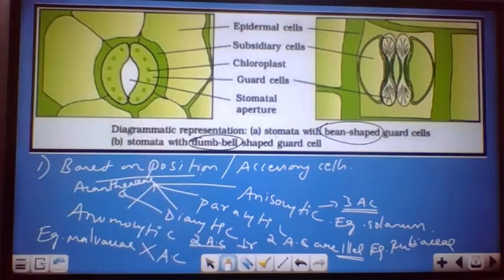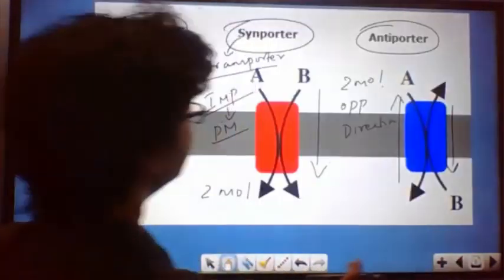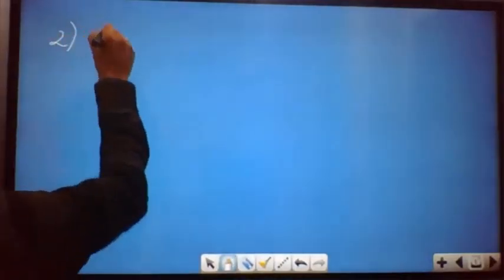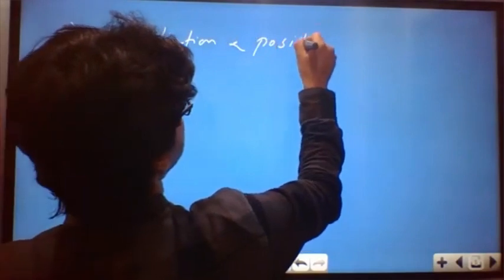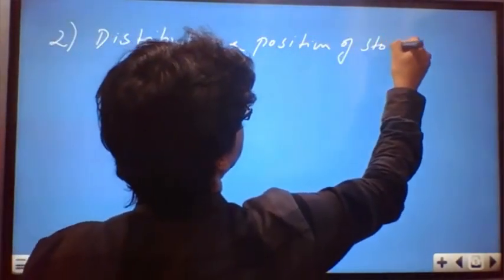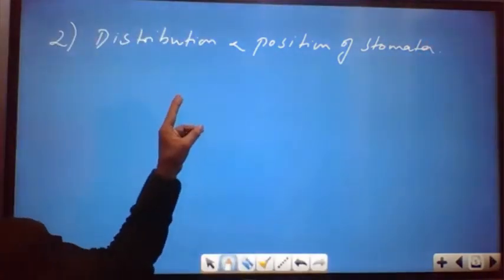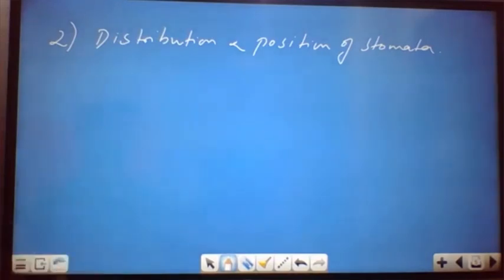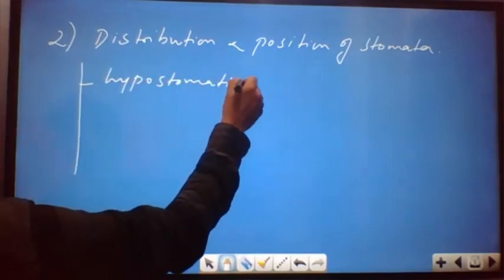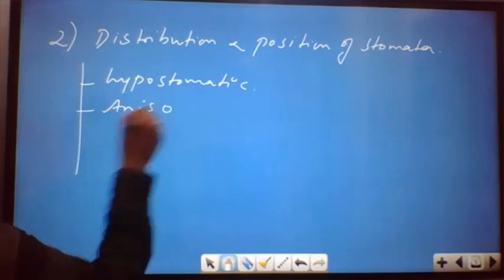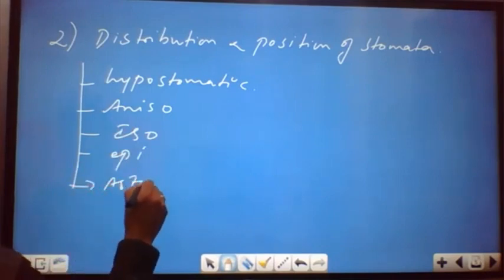The second type of classification is distribution and position of the stomata. Coming to distribution, we have hypostomatic, anisostomatic, isostomatic, epistomatic, and astomatic.